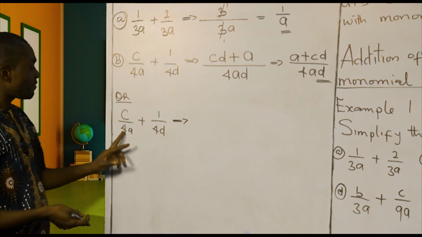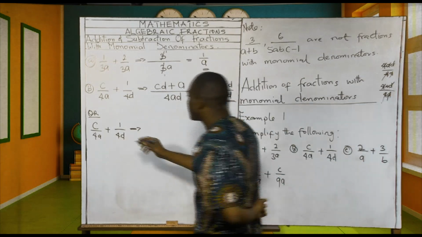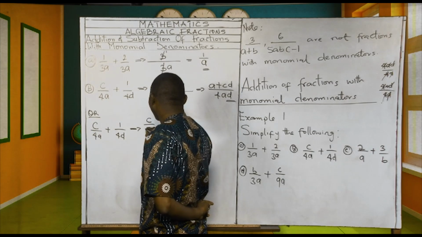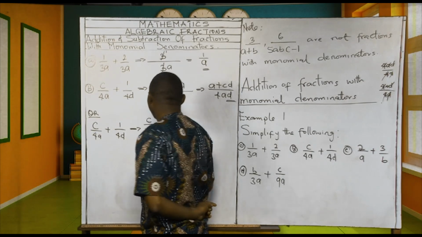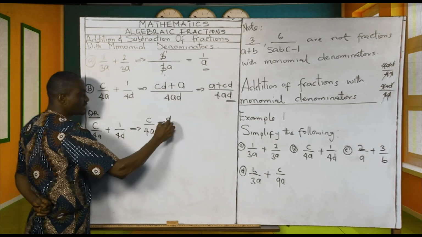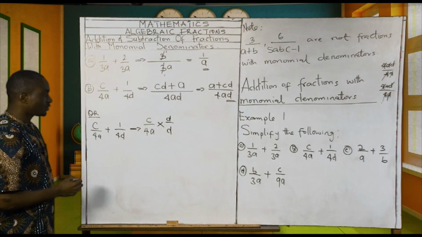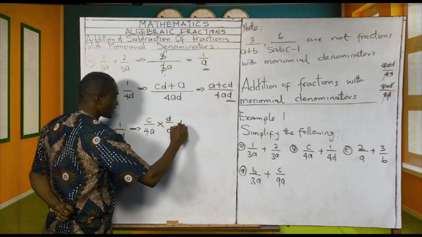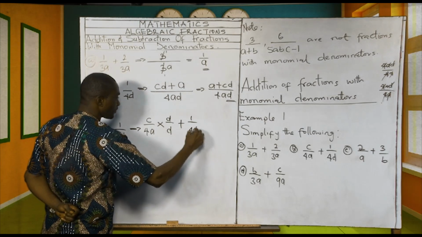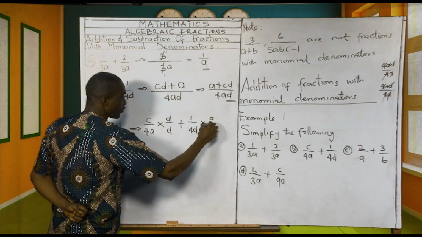The denominator we have here is 4a. So this will give us c over 4a multiplied by d over d, plus 1 over 4d multiplied by a over a.